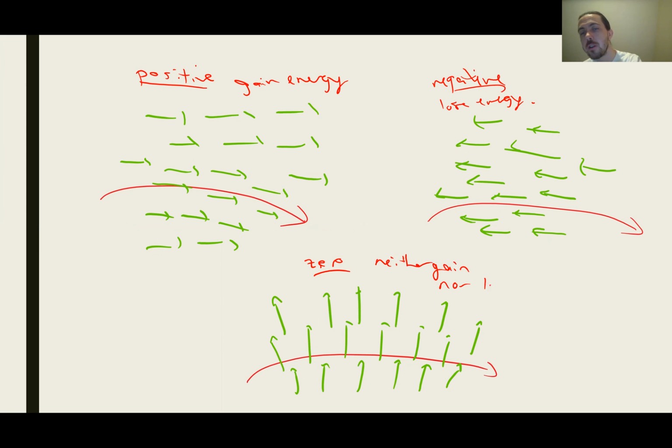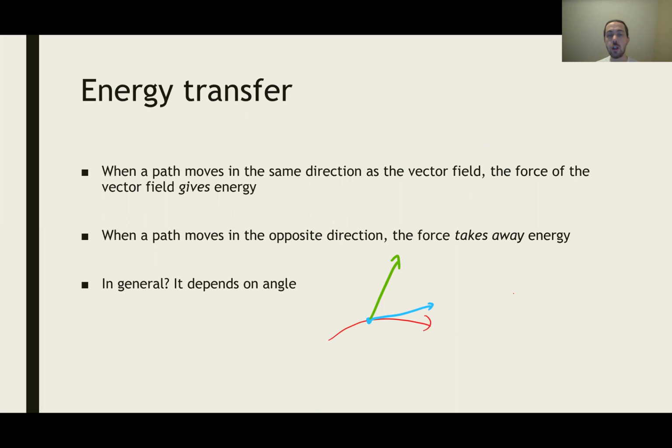So there's a combination of two factors. One of them is what direction we're moving, and the other is what direction the vector field is pointing. And in general, it's a little bit more subtle than that. When we're moving through a vector field, we have an angle that's made between our direction vector, the velocity vector, and the direction that the vector field is pointing.